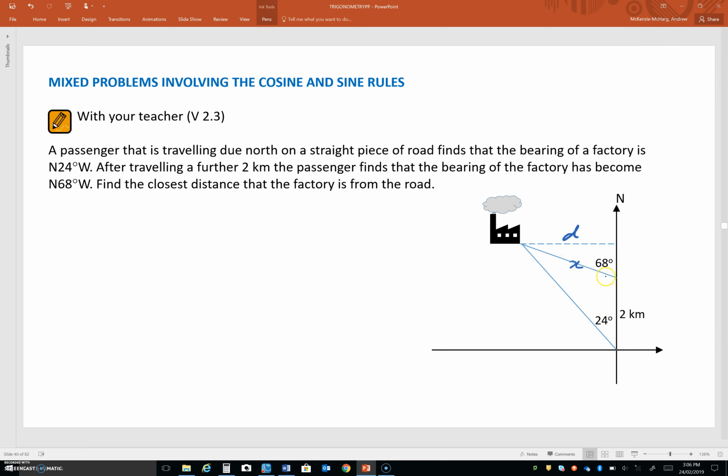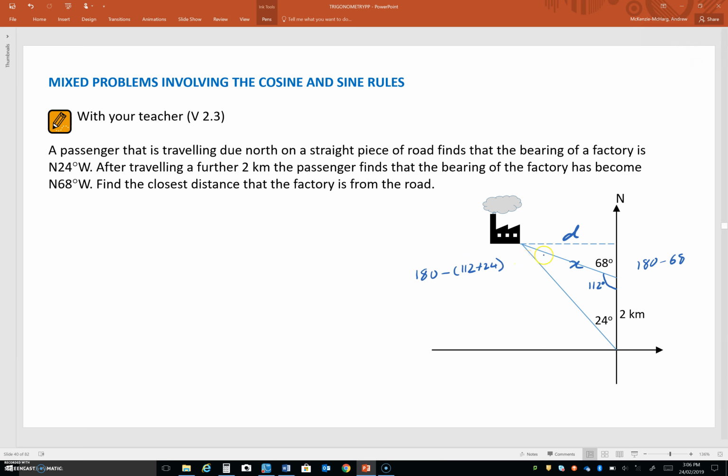By calculation we can tell that this here must be the difference between 180 and 68, which gives us 112 degrees. And while we're at it, let's subtract these two angles inside this triangle from 180 to find that one up there, just in case we need it. So that gives us 44 degrees up here.